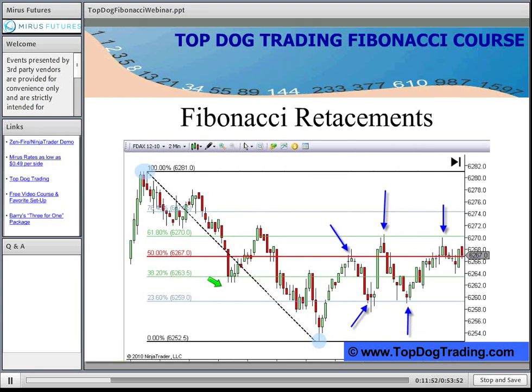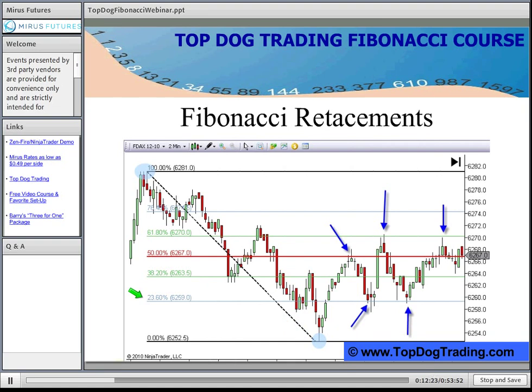So here's an example, Fibonacci retracements. I'm going to use a little drawing tool here, this arrow. This might be a little more clear. So what we've got here is, we're starting here. We're saying, okay, here's a high, and then the market made what we call an impulse move and went all the way down to this low.